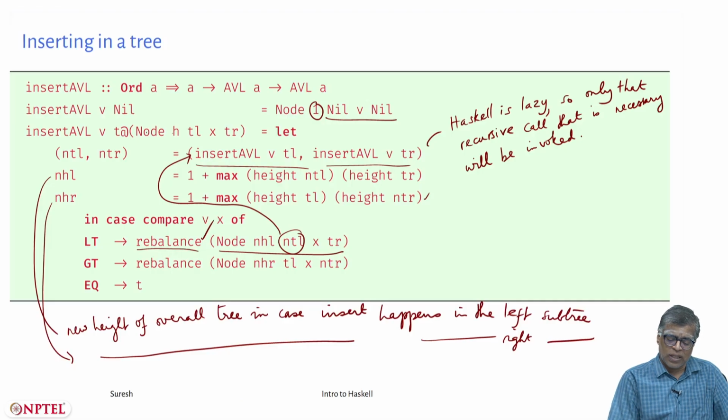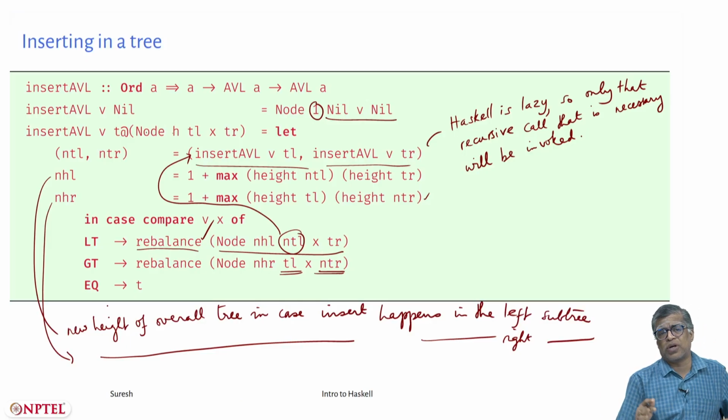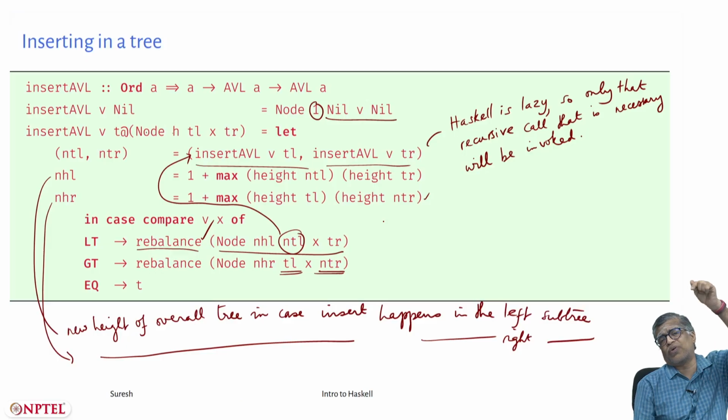Similarly, if v is greater than x, you insert the node in TR, you just take TL as the left subtree, but at this level there might be an imbalance, so you have to rebalance. If v is equal to x, you don't have to do anything, you just return T. Okay, so this is the entire code, and now the number of rebalances required is, you're just making a recursive call, and after coming back you're doing a rebalancing here.